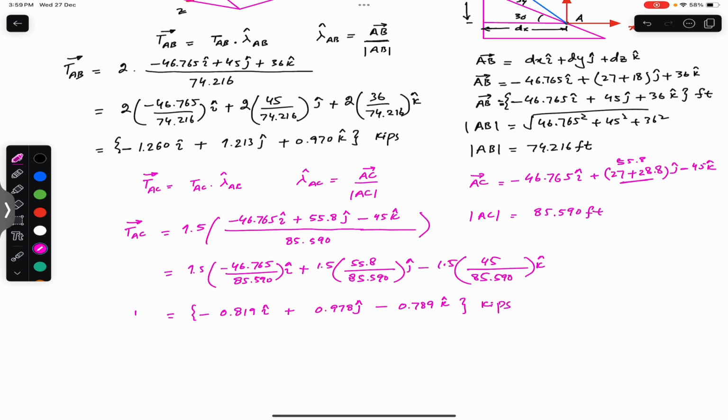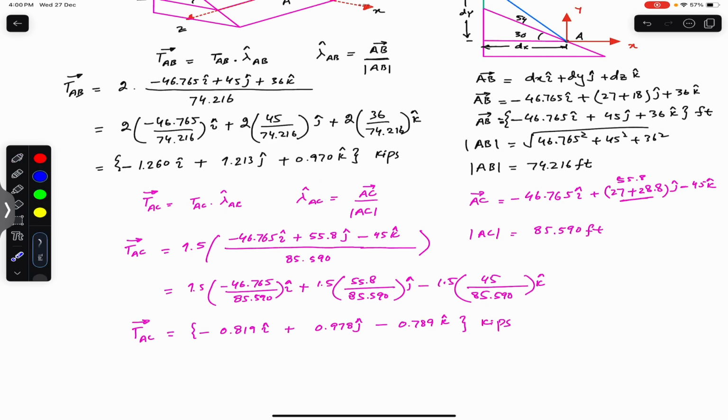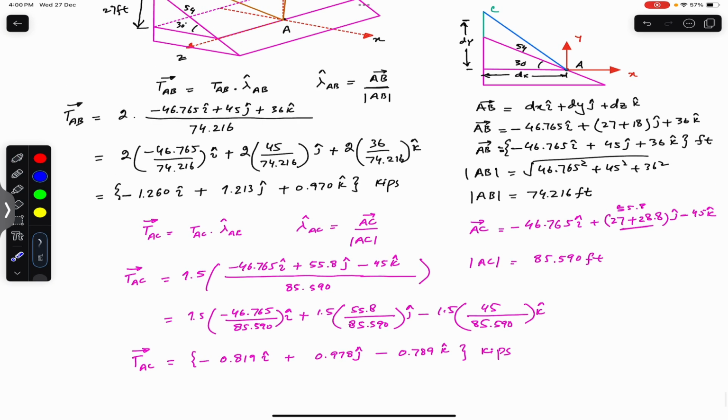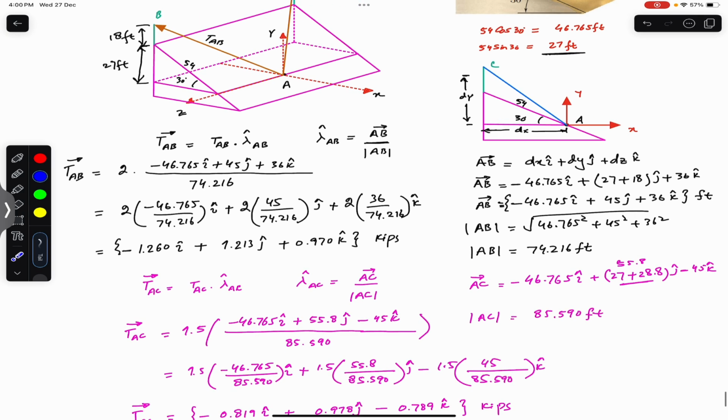So the tension from A to C, these are the components of the tension in the AC rope. This is the X component, this is the Y, and this is the Z component. So this is the solution of this particular problem.